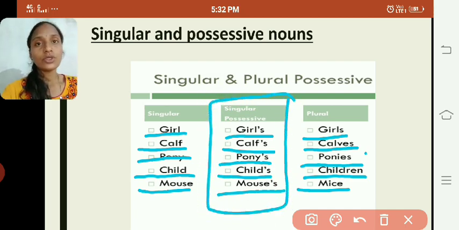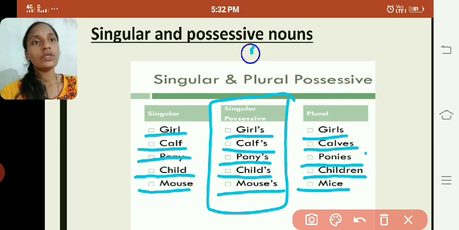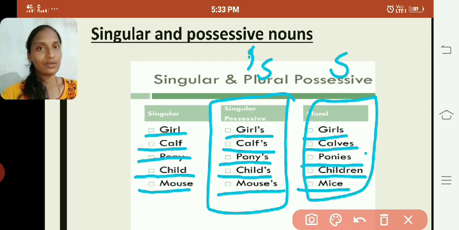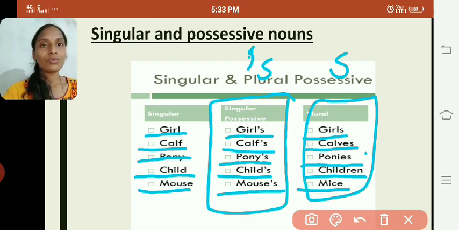When we want to show the possession, we use this symbol apostrophe and then s. Okay, but when only s is there and if no apostrophe is there, it is a plural form. You can see in this next table. Okay, so it is clear now.